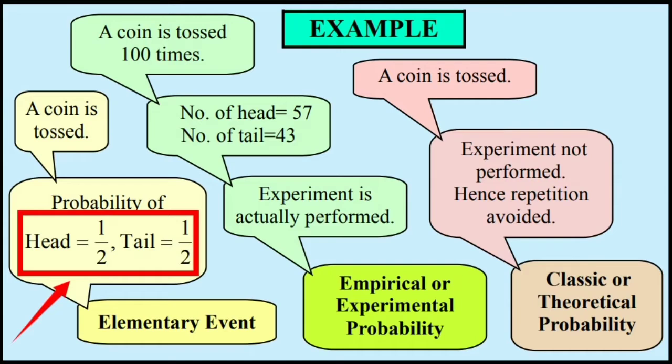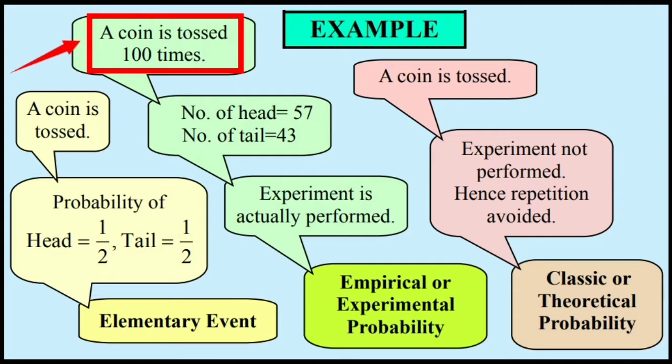Since in both the cases the number of favorable outcomes is 1 only, both the events are elementary events. As the definition says, in any event, if the total number of favorable outcomes is 1, then it is an elementary event.